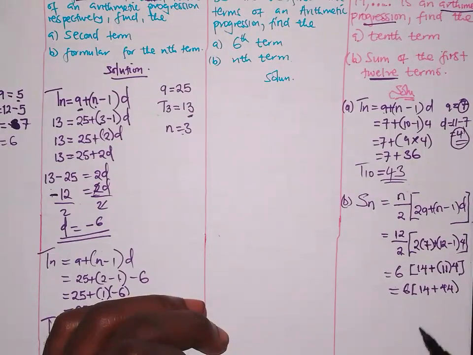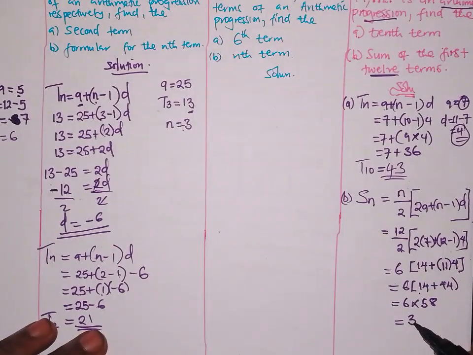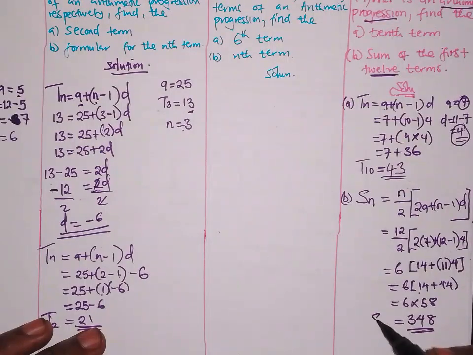Then 14 plus 44, we have what? 58. Then when you multiply 6 times 58, you are going to get your answer to be 348 as your sum of the 12 terms.